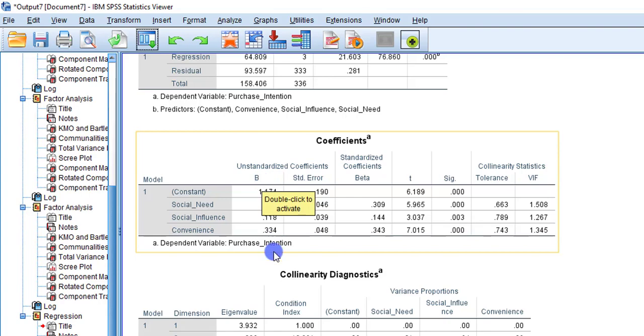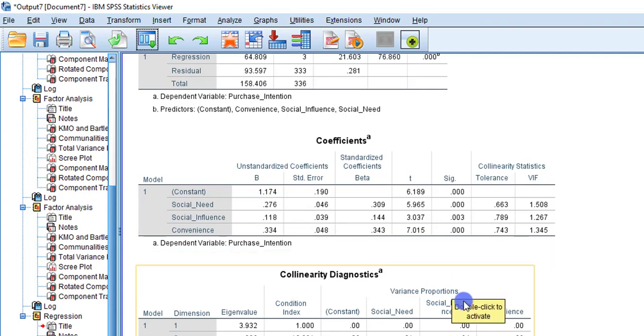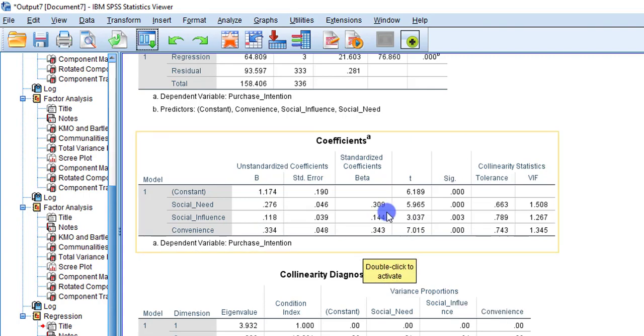Now let's see. Beta tells the change, the change in magnitude. So let's see how I am interpreting the results using these values. I'm going to consider unstandardized beta and the sig value. I'm not using t-stats because t-stat and sig value are the same; both are telling us the significance level.